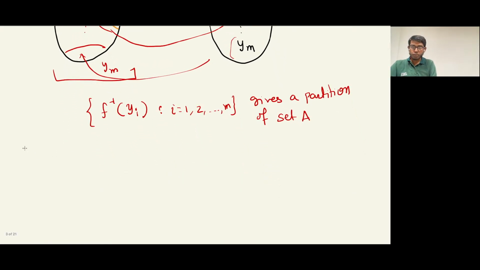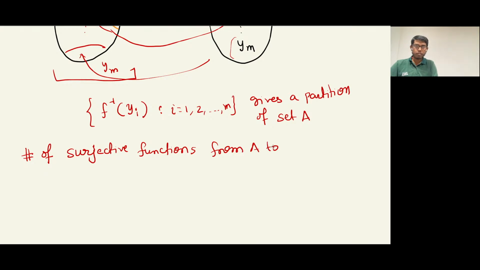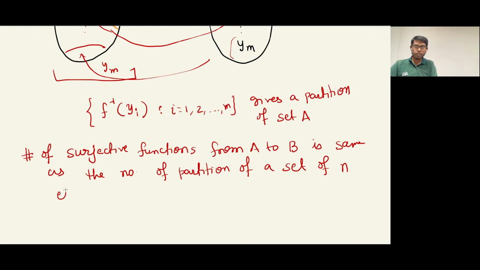The number of surjective functions from A to B is the same as the number of partitions of a set of n elements into m parts.